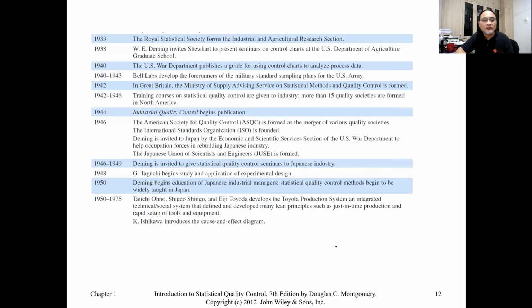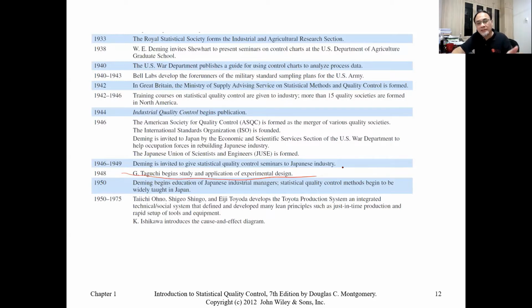Okay. And later on, the development of the Royal Statistical Society in UK, Deming invites Stuart. So Deming is also one of the gurus in quality, and the name Juran, and then Genichi Taguchi began study and application of experimental design, particularly Taguchi methods, and it was proven very, very successful by the Japanese to really reduce variation and to do it very early in the process.